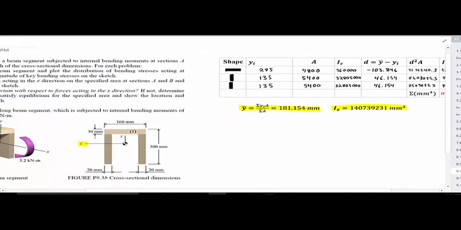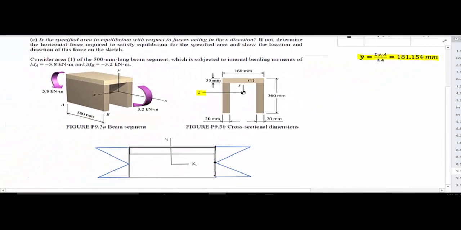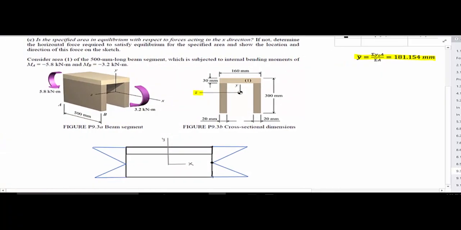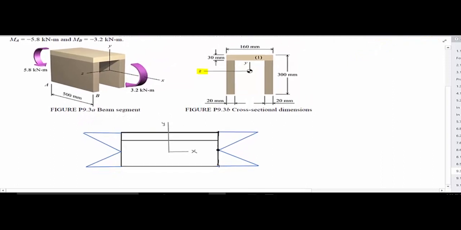You can verify my answers later, but with these answers, we can now move on to part A. I drew a little picture down here, which is our side view of this member. If this is our side view, then this is A, and this is B. The blue triangles that I drew on the outside are where our stresses will be drawn.